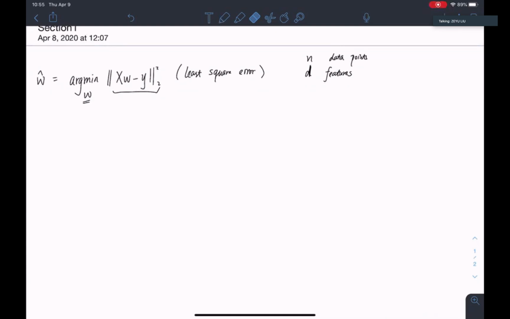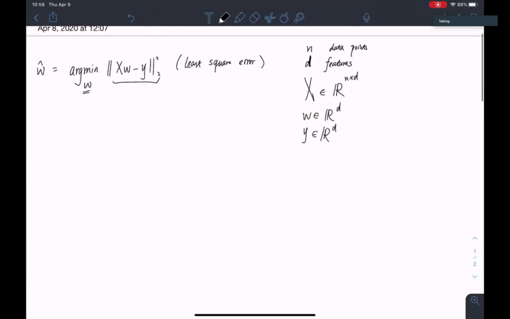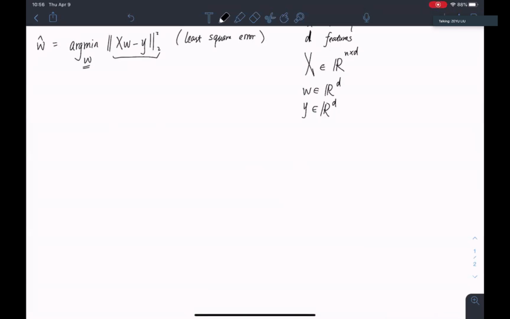So X has the dimension n by D. W is D. Y is also D. The way we do this is by using calculus.